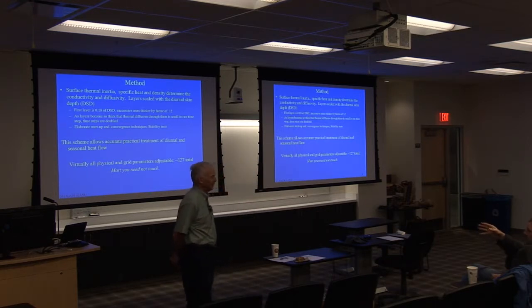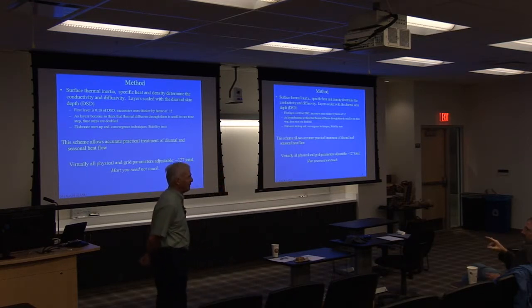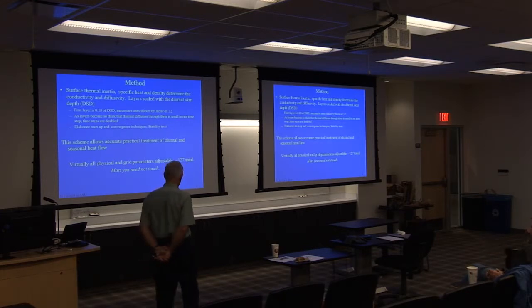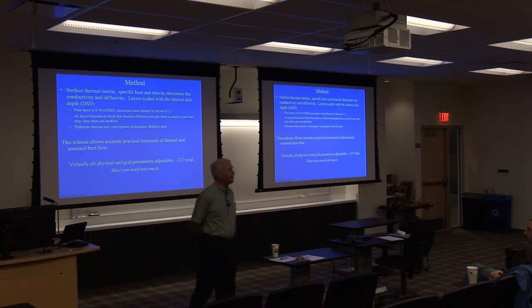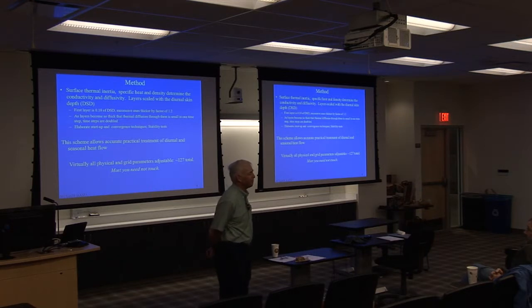That's a fundamental limitation. Well, how hard would it be to go back and make that 0.18 something different? No trouble at all. It's an input parameter. But if I change that to 0.018, by a factor of 10, made that first layer a factor of 10 thinner.